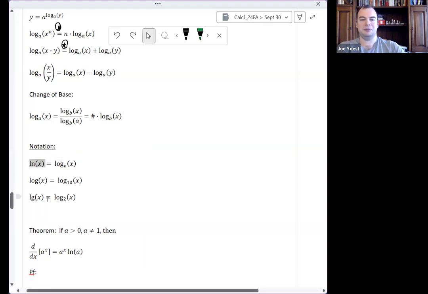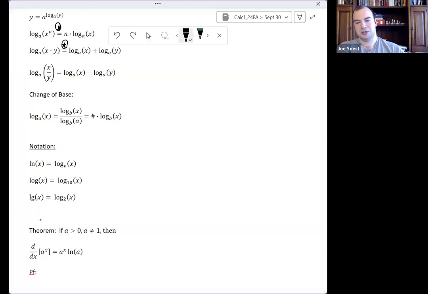It gets a special name, ln of x, and this stands for the natural logarithm. This is the one that we'll use the most often in this course. It just has some nice mathematical properties. Engineers love log base 10 of x.